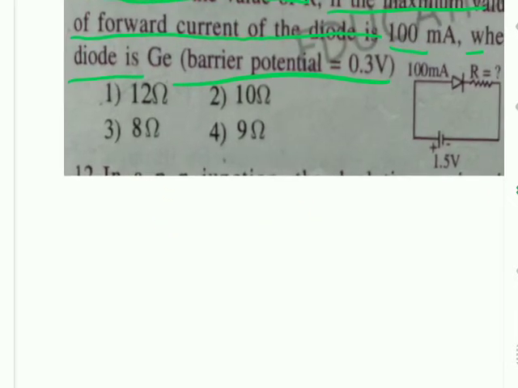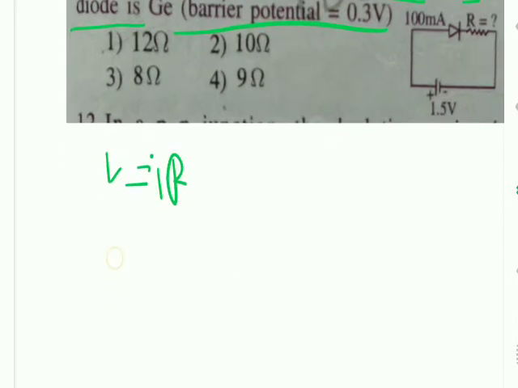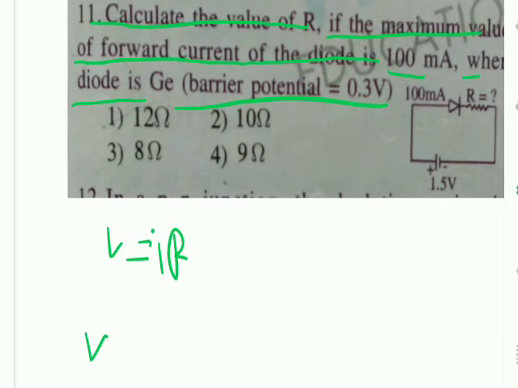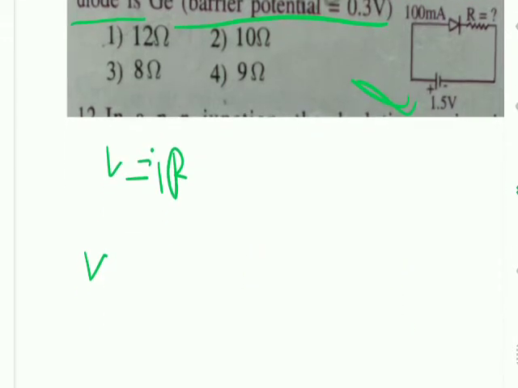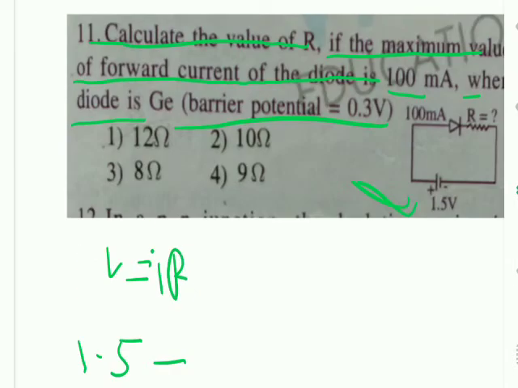So the relation between potential, current and resistor, V is equal to I into R. Then R is V minus, the given potential also 1.5 from the diagram. So V means 1.5 minus the barrier potential 0.3.